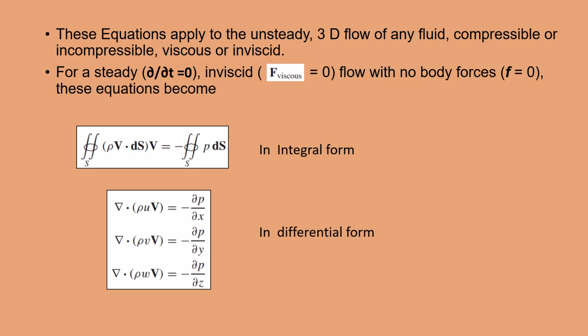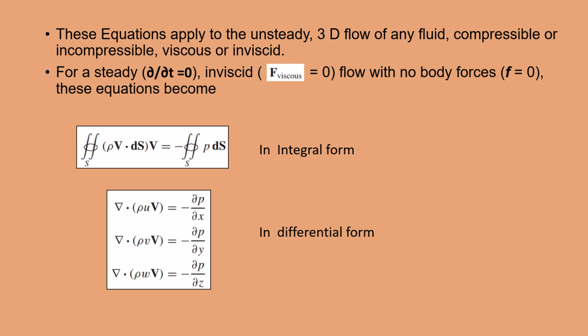These equations can be used for any kind of flow, whether it's steady or unsteady, 3D or not, compressible or incompressible, and whether the fluid has viscosity or not. But in special cases, the equation becomes much simpler. If the flow is steady, then the ∂/∂t term becomes 0. If the flow is inviscid, then the viscous force becomes 0.